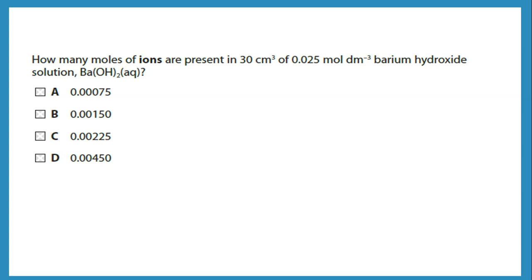But we're required to get how many moles of ions. And when you write the equation, you would realize that barium hydroxide solution, when it ionizes, forms 1 mole of barium ions and 2 moles of hydroxide ions. So if I had 1 mole of barium hydroxide, I would end up with 3 moles of ions.